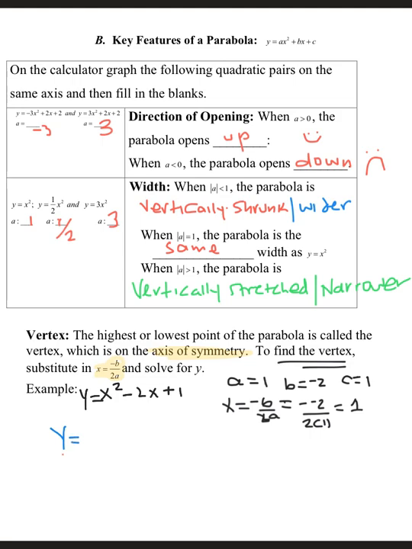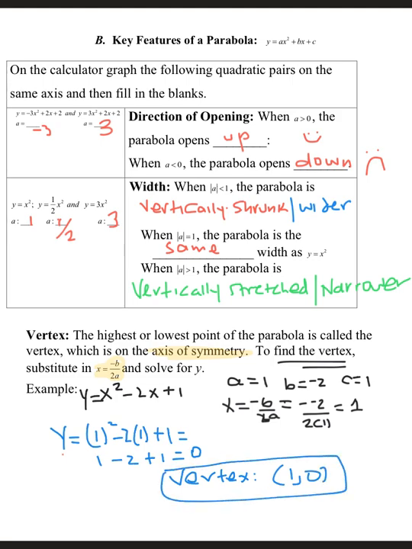So y equals 1 squared minus 2 times 1 plus 1. And what do I get? I get 1 minus 2 plus 1, and that's going to give me 0. So that means the vertex is going to be at (1, 0).